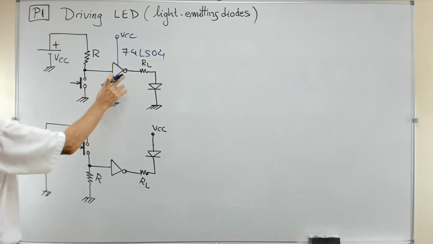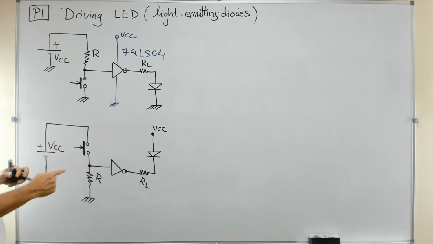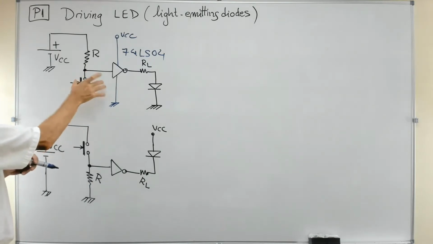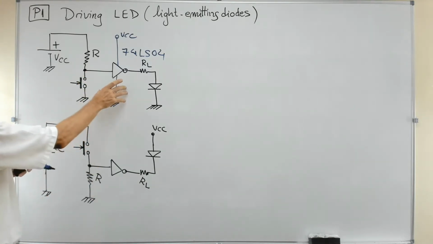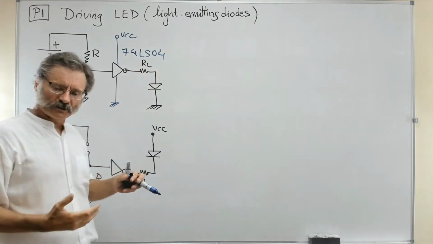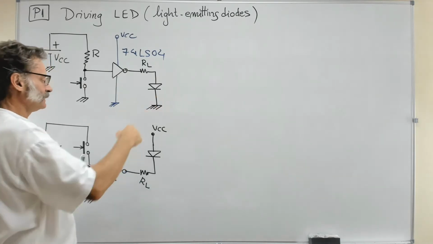So you have a gate as before connected to a push button that has been studied before. You are able to generate zeros and ones here, which the gate adapts to generate voltages at the output. The voltages at the output can light or not light the LED, that's the point.